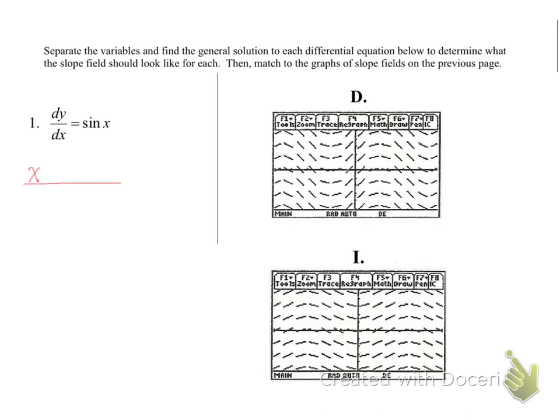So if I make a table here of x, y, and then dy dx, and I plug the point 0, 1 into dy dx, well, sine of 0 is 0. So at the point 0, 1, you should have a slope of 0. If I look at D, does that have a slope of 0? No. If I look at I at 0, 1, do I have a slope of 0? Yeah. So I is the one.